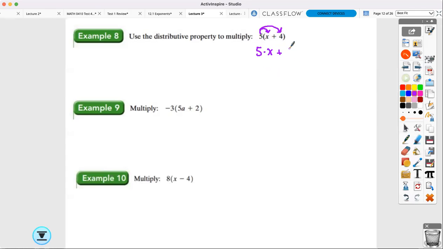Because we're bringing down the plus, and then we're gonna multiply 5 times the 4 that was there. Now remember, there's different ways to write multiplication, right? The dot or the parentheses. Well, 5 times x, class, is just 5x. 5 times 4 is just 20. And we're done.